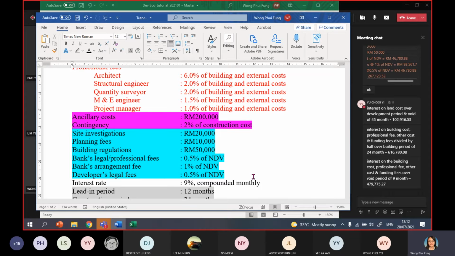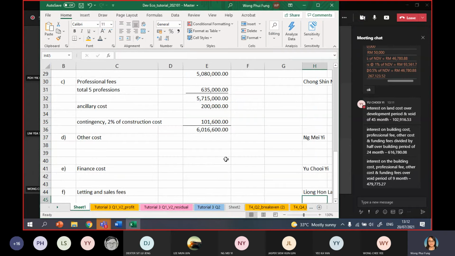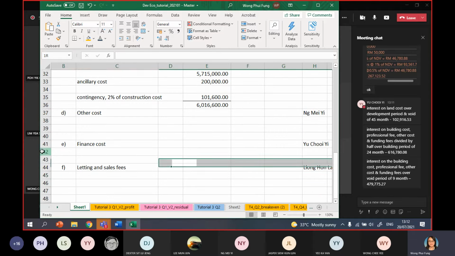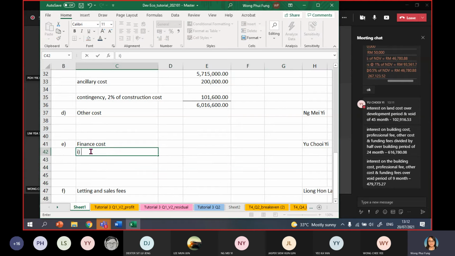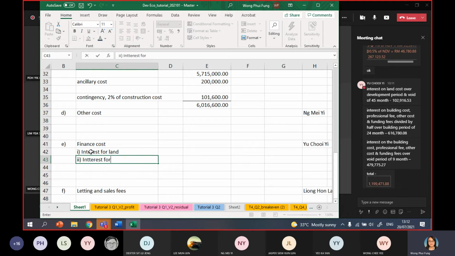So total there are 6 items under the other costs. Okay, later I double check your answer, Chui Yi. We wait for Mei Yi first.